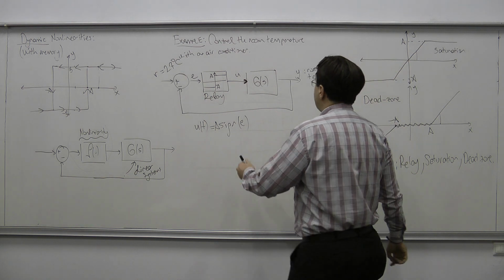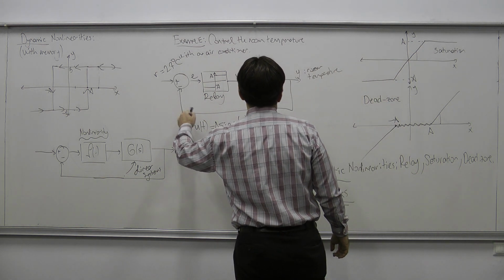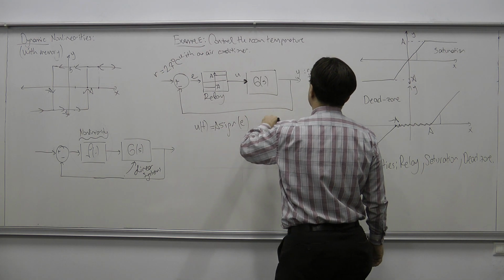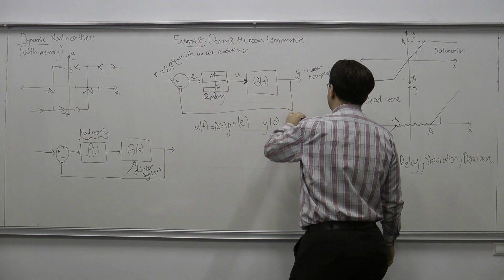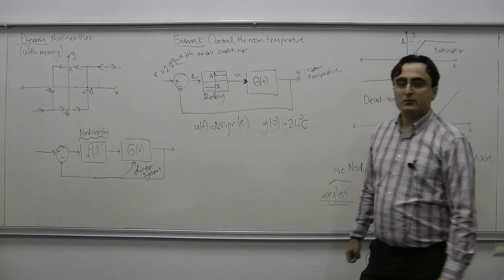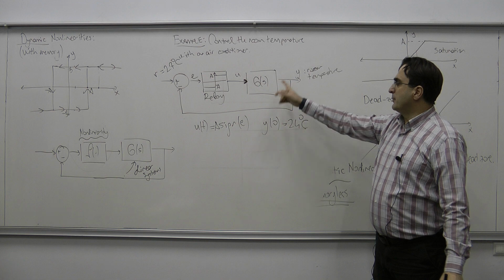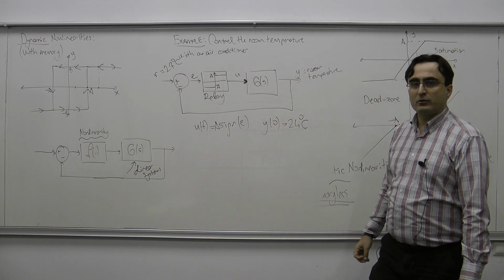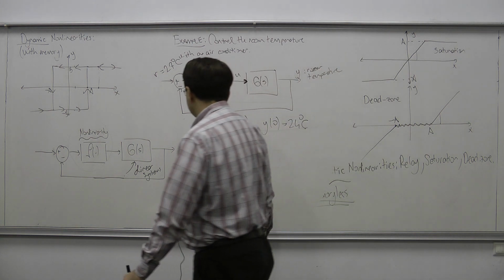Now let me assume that currently the room is at 24 degrees. Let us say that y(0) is 24 degrees Celsius. What type of behavior is this control system going to give us?